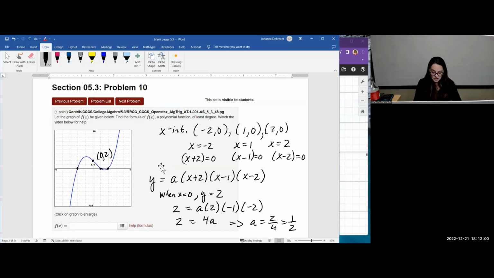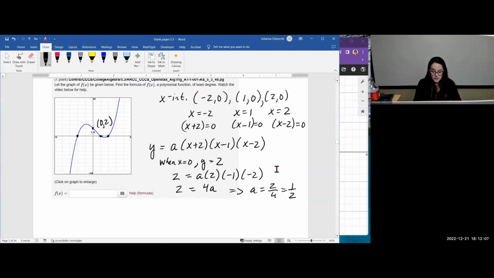And that gives me an equation. So I can use the equation 1/2 times x plus 2 times x minus 1 times x minus 2. Now, I don't know if it wants it multiplied out or not. I will do that example for you one time, and then we'll move on to the next problem. So this has to be 1/2, and then I'm going to write this one this way.